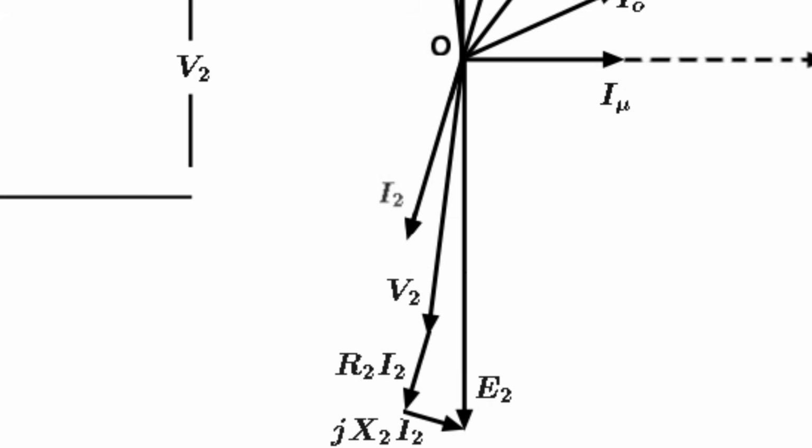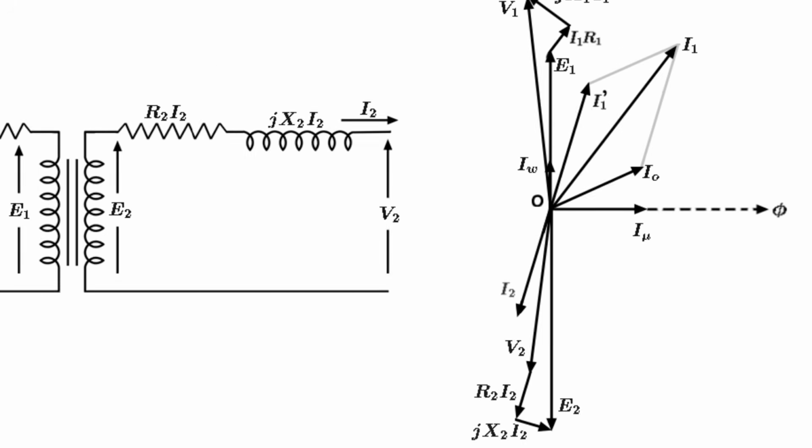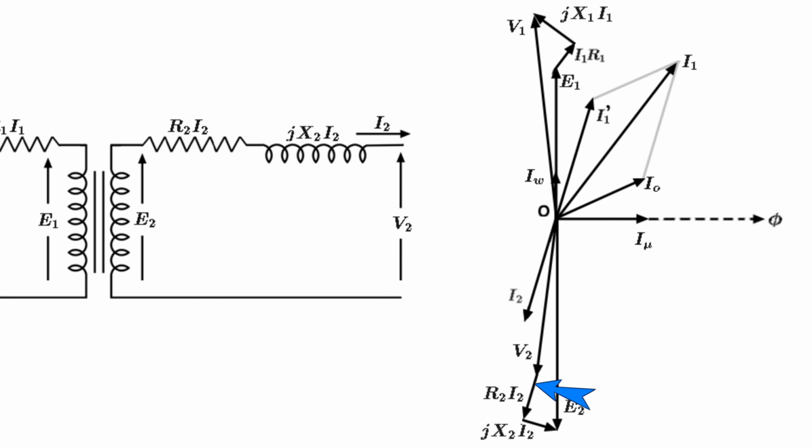There will also be a reactive voltage drop, denoted as JX2 multiplied by I2, which lags the resistive voltage drop by 90 degrees. Therefore, the ultimate voltage that appears across the load will be the difference between the induced voltage across the winding and the sum of the resistive voltage drop and the reactive voltage drop.